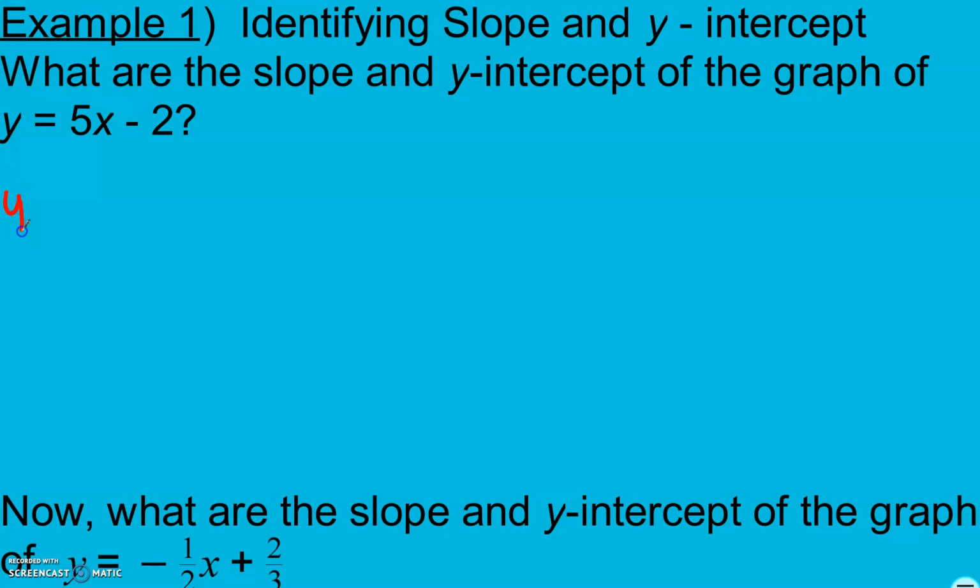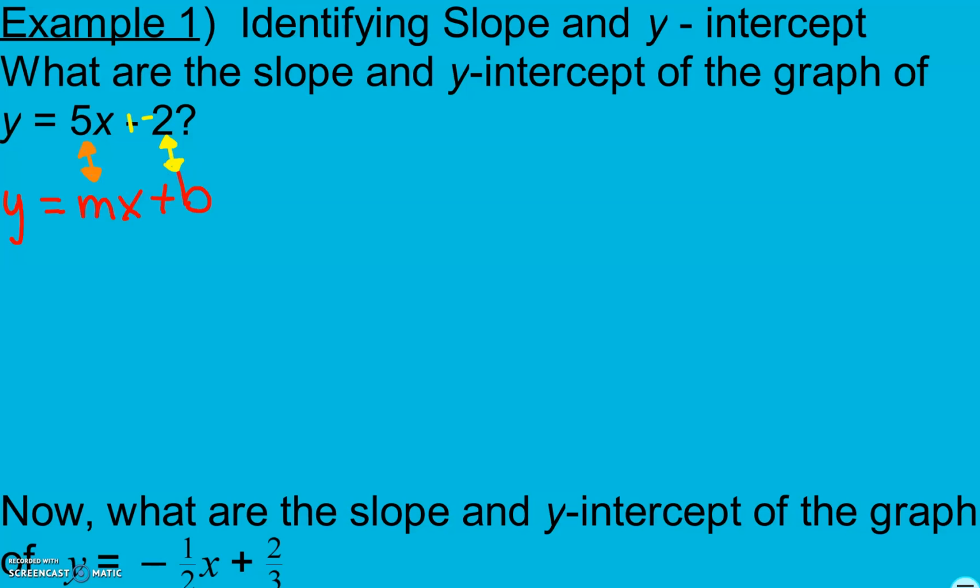So I'm going to compare this here to my slope-intercept form. When I do that, I see that my m has been replaced with a 5, and my b has been replaced. Remember, we changed from subtraction to adding the opposite, so that's a -2. We take the sign with that number.